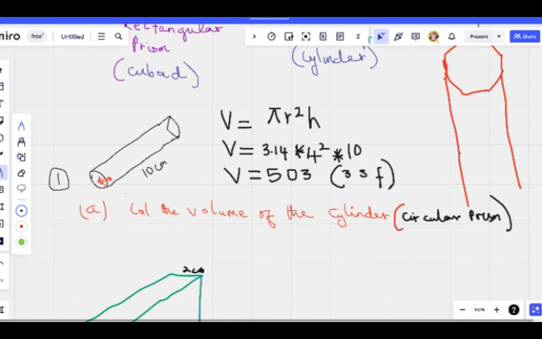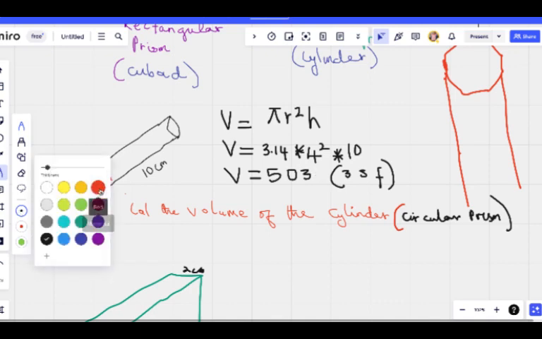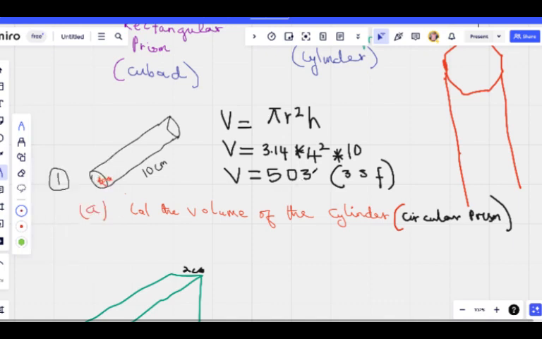Then you have to put the unit. Since we're looking for volume, and the unit is centimeter, this will be centimeter cube, or cubic centimeter. So we put the unit here, 503 centimeter cube. This is the volume of this cylinder.